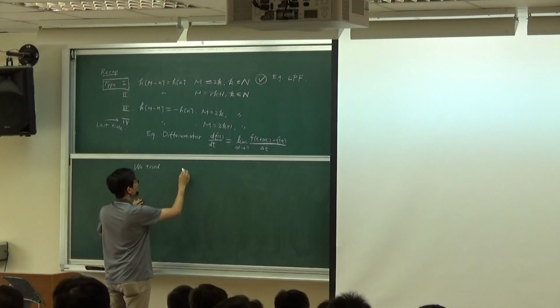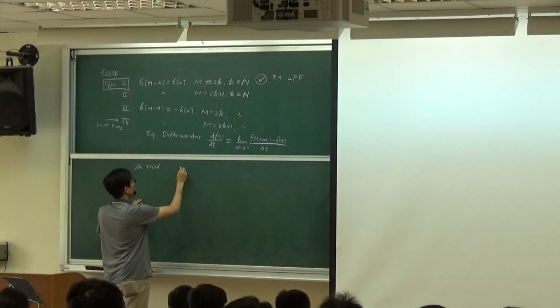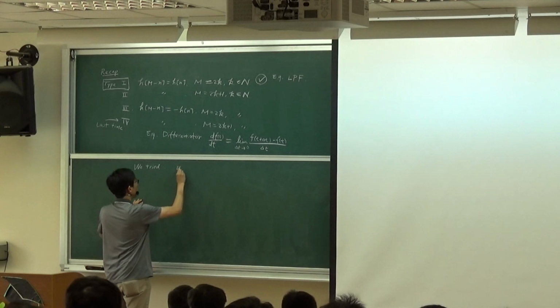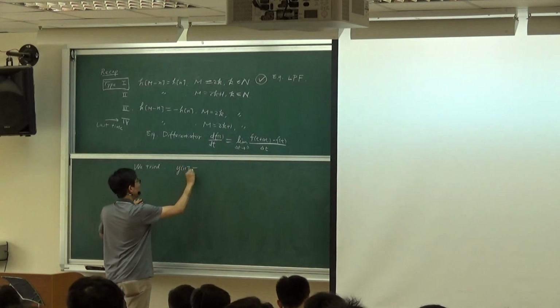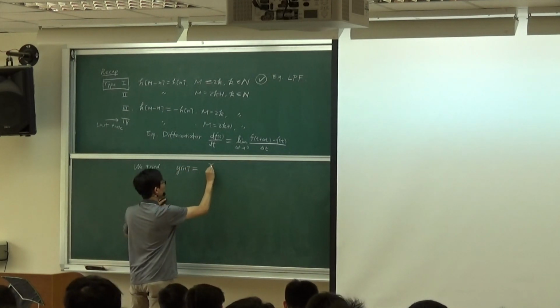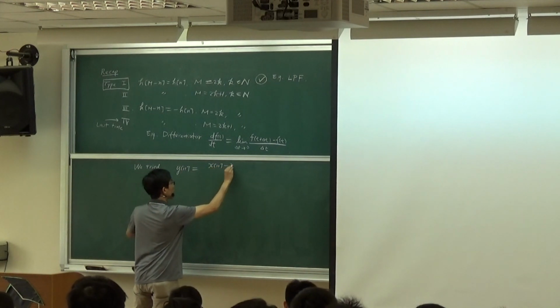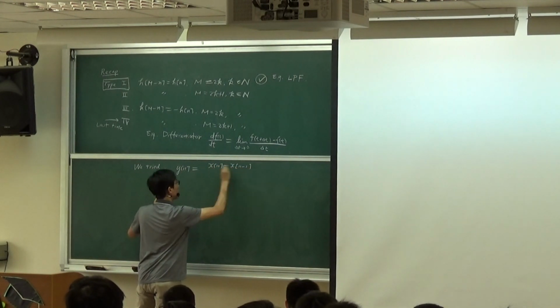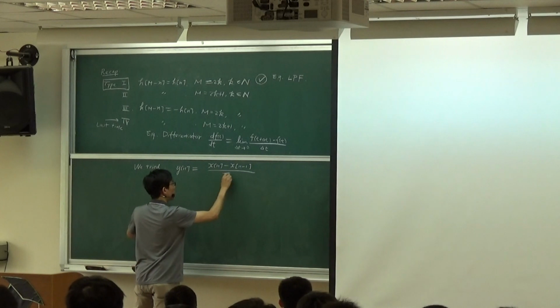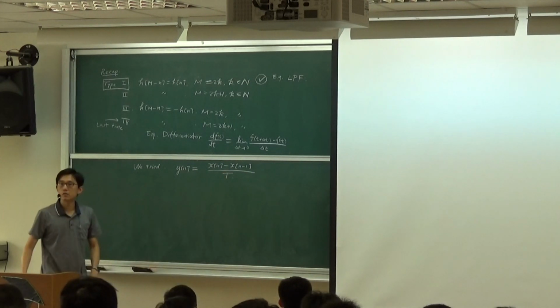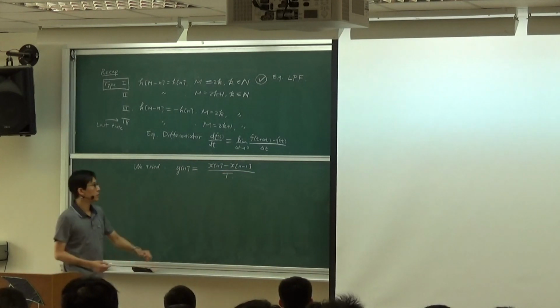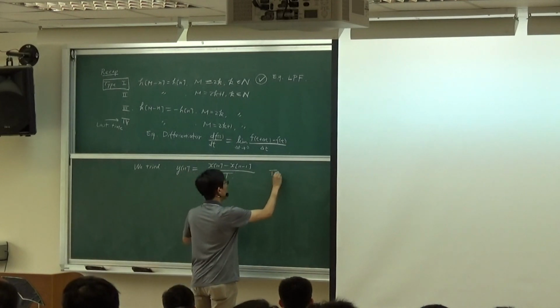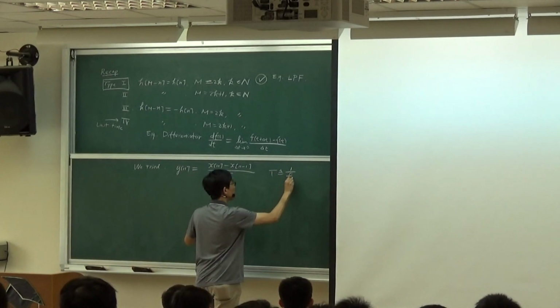Last time I said, let's try this filter so that y of n is defined as x of n minus x of n minus 1. We know that these two samples are separated in time by T, the sampling period, the inverse of the sampling frequency. T is defined as 1 over the sampling frequency.